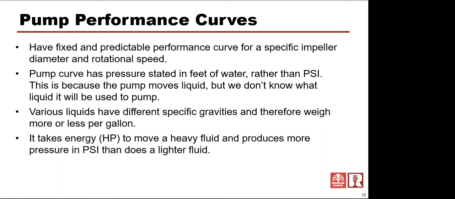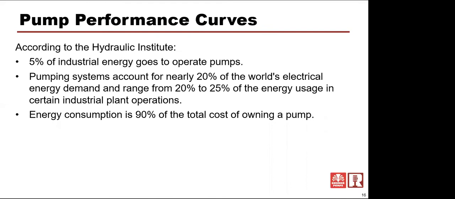So the pump itself doesn't know, and our curve doesn't know what kind of liquid you're going to use on it. So we convert to feet of water. Part of that conversion factor is going to be explained as we talk about curves, and how much energy it takes to move that heavy fluid is going to be quite different.